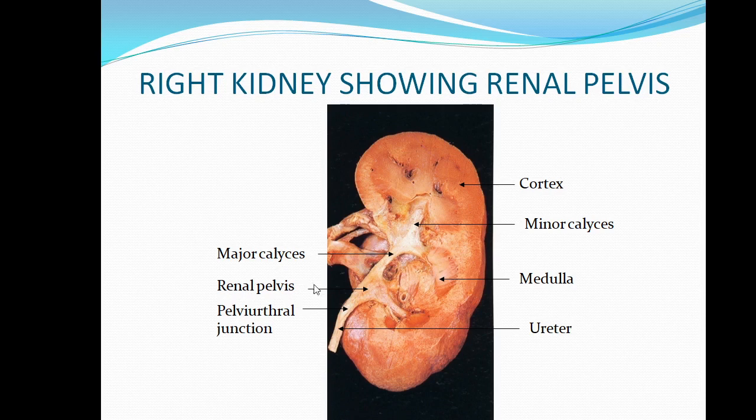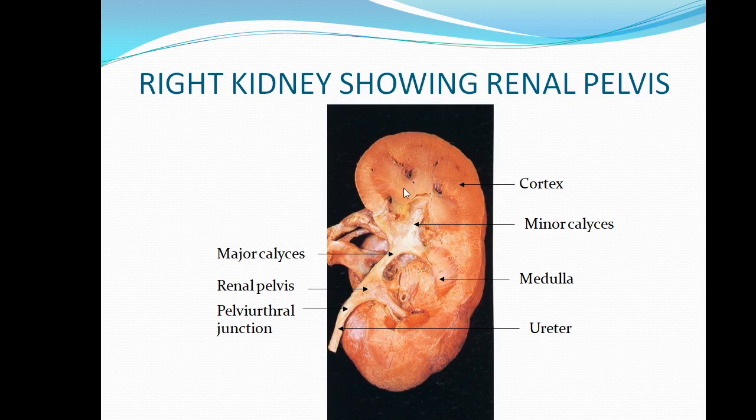Here you can see the coronal section of the kidney. You can see the outer reddish area, that is the cortex, and an inner pale area, that is known as the medulla.